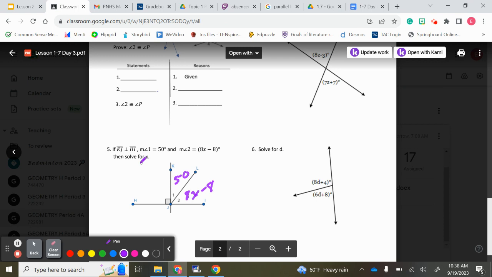How am I going to set up the equation here? Who can tell me? What do you guys think? Well, let's see. If this angle is 90 degrees, then what is KJI going to be?